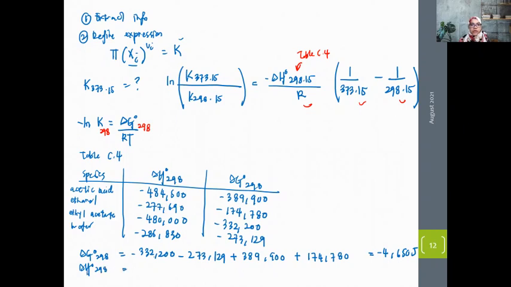And for the delta H at 298, insert these values. So we have minus 480,000 minus 285,000, and then plus, by considering the stoichiometric number, it turns to positive 484,500 plus 277,969, equal to minus 3,640 joule.